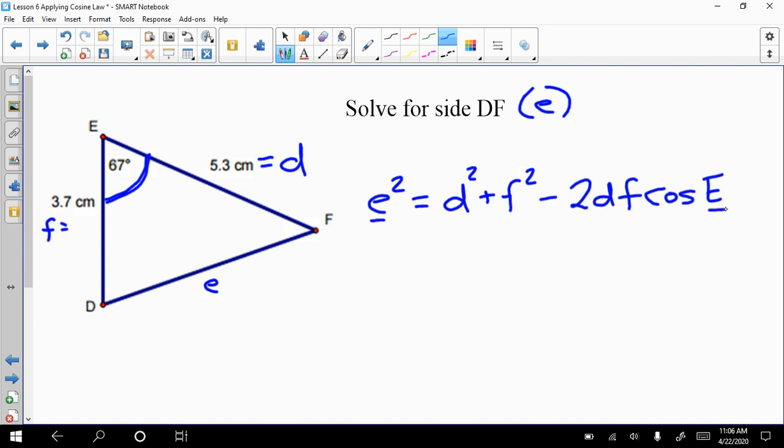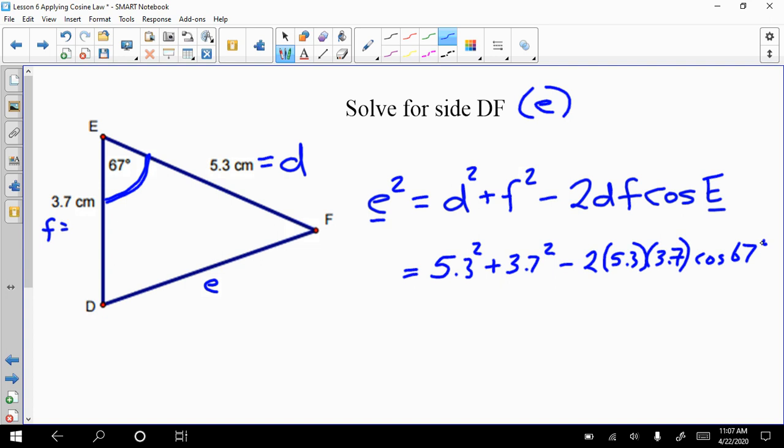All right, so let's sub in here. So we're going to go 5.3 squared plus 3.7 squared minus 2 times 5.3 times 3.7 cos of 67 degrees equals. Okay, now I'm going to do this on my calculator.